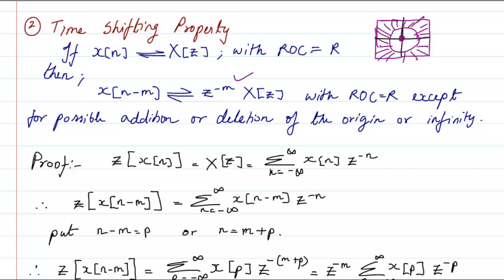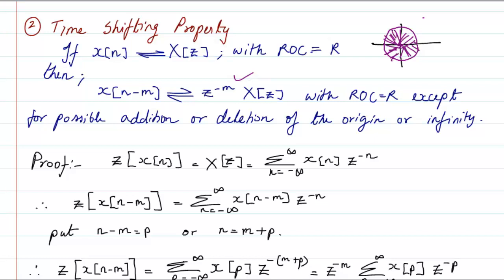Or suppose the region of convergence is the inside of a circle, which we know happens for a left-handed sequence.